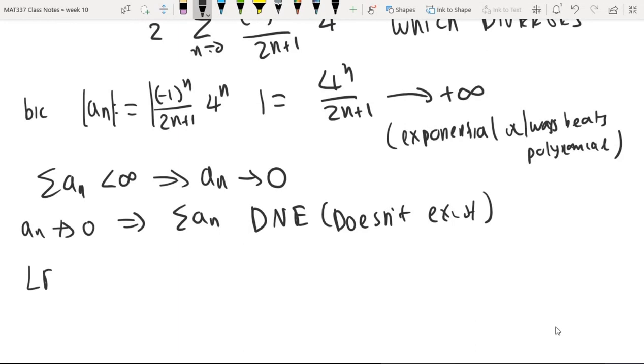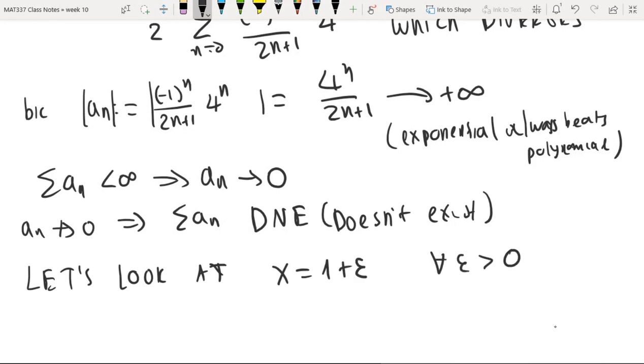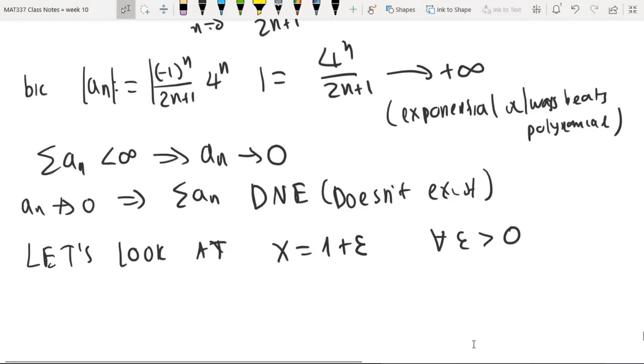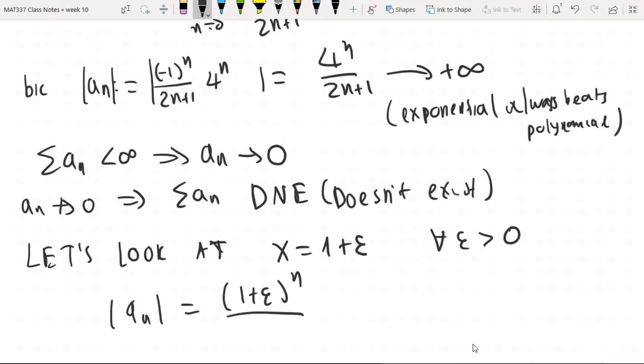Let's look at x equal to 1 plus epsilon for any epsilon positive. Then again, you're in trouble. a_n is equal to (1 plus epsilon)^n over 2n plus 1, and again, it goes to plus infinity.